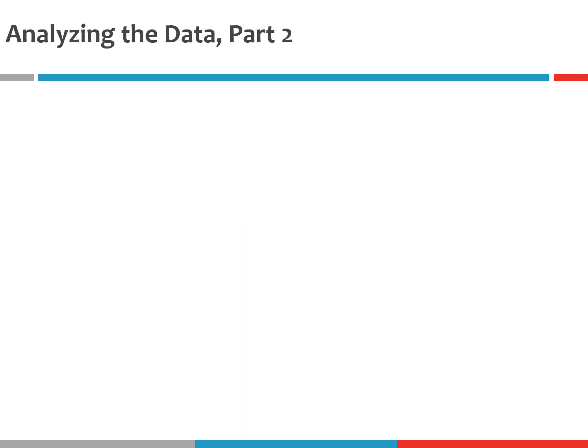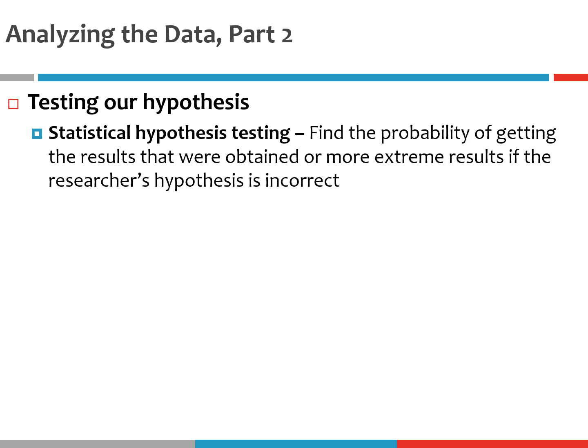And then finally, once we've computed our correlations and we calculated our descriptive stats like the mean, the variance, and standard deviation, we can test our hypotheses, and we can find the probability of getting the results that were obtained or any more extreme results by chance.